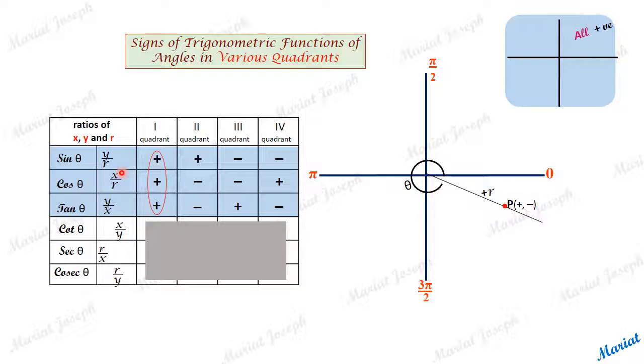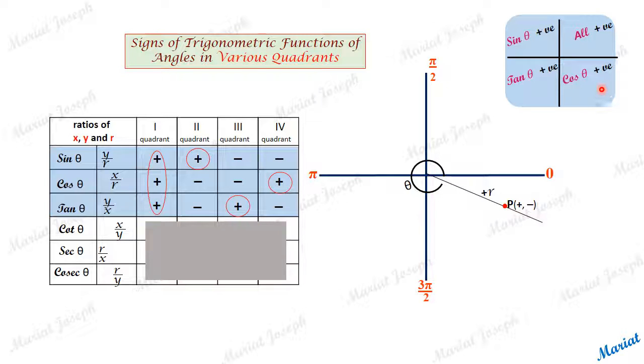Now in the second quadrant, sine is positive, you remember. Obviously, cosec will also be positive. So right here, sine positive. Now in the third quadrant, tan theta is positive. Obviously, once tan theta is positive, cot theta will also be positive.